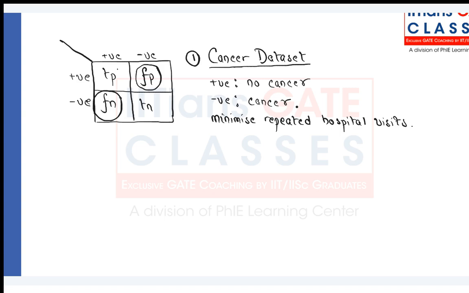Later on, I don't want him to come again and say, "Oh, I had fever, now I got typhoid." Right? So that is a negative point for the doctor. So you want to minimize a person visiting the hospital repeatedly. So what will you try to minimize now? Will you try to minimize your false positives or your false negatives?